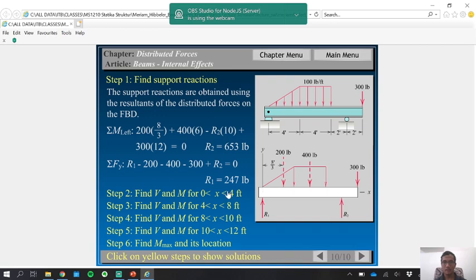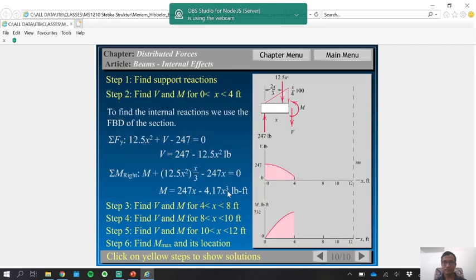And this one is x per 4 multiplied by 100. That is the linear equation of our distributed force.